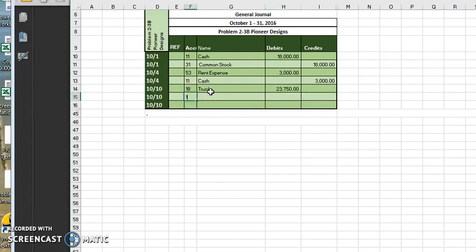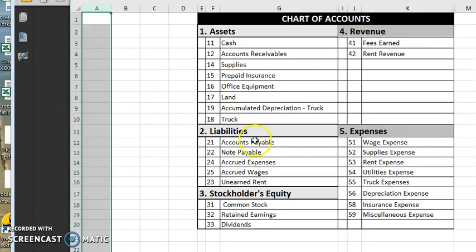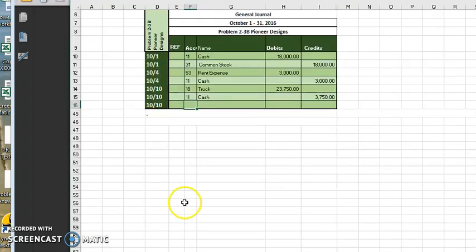And cash was paid as a down payment of $3,750, and finally, notes payable, account number 22, is going to record $20,000. Notice how the debits equal the 2 credits in this transaction. We owe $20,000 in a note payable to the dealership.